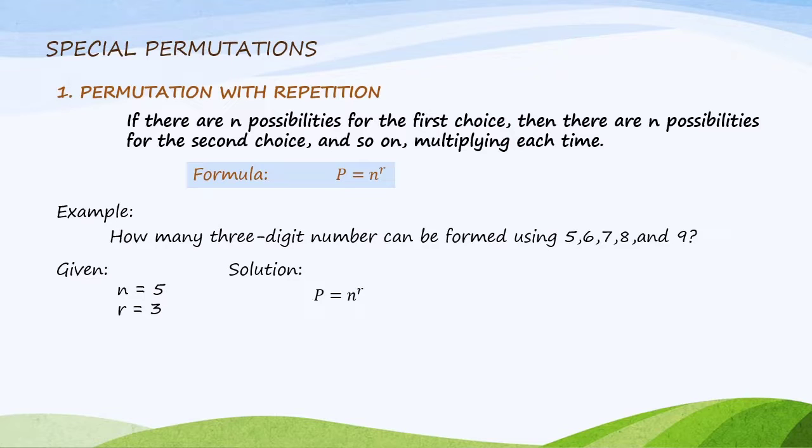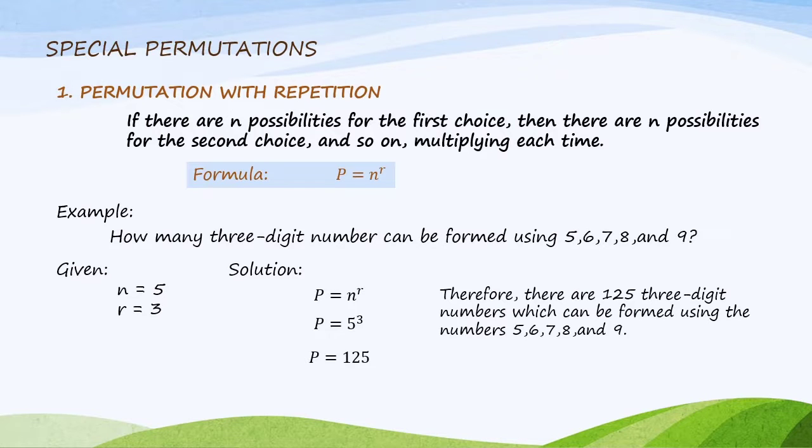So by using the formula P equals n raised to r, let us substitute the given. So P equals 5 cubed. Then simplify. 5 cubed is equal to 125. Therefore, there are 125 three-digit numbers which can be formed using the numbers 5, 6, 7, 8, and 9.